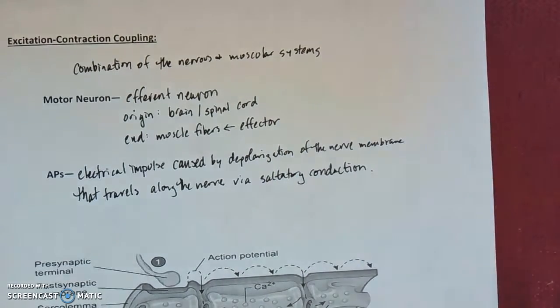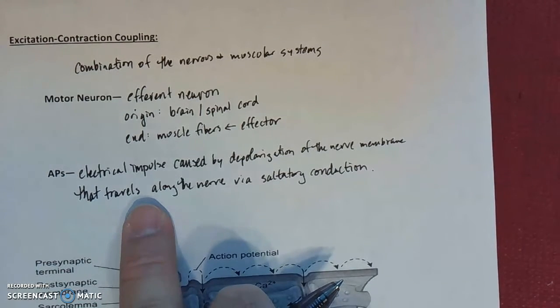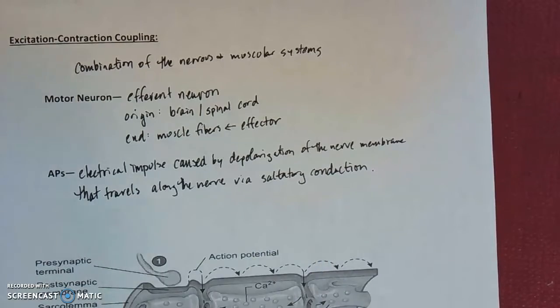So that is going to be our definition of an action potential: an electrical impulse caused by the depolarization of the nerve membrane that travels along the nerve via saltatory conduction. We went over how this forms. It took us like 2 weeks to talk about this, and now we have it down in one sentence.